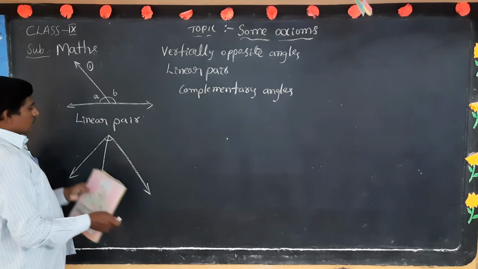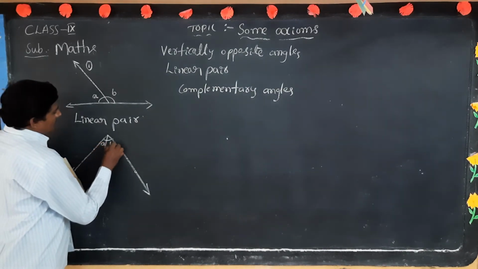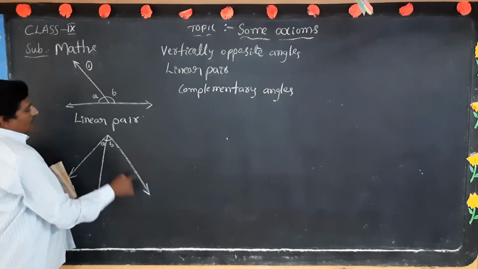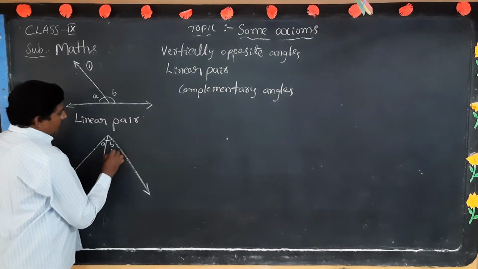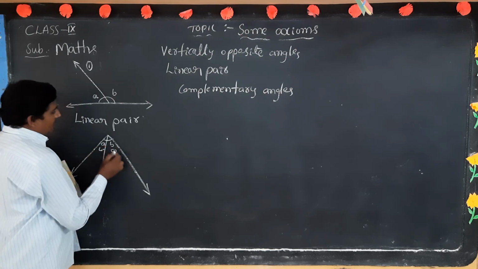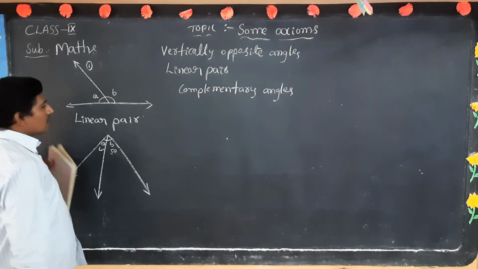A, B. Actually this is a right angle in between. See, 50 and 40, like that. Total adding means 90 degrees.